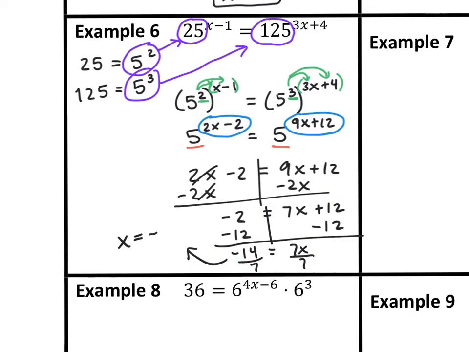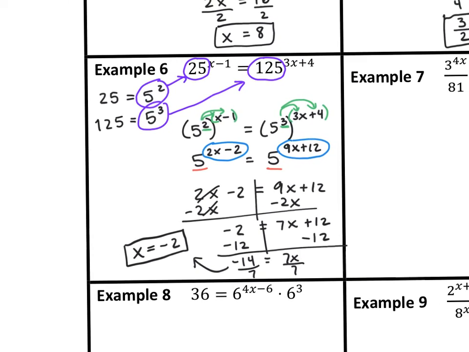It's negative 2. So I ran out of space there, but that's the solution. So negative 14 divided by 7 is negative 2. So let me zoom out so you could see it and maybe pause it there if you want.